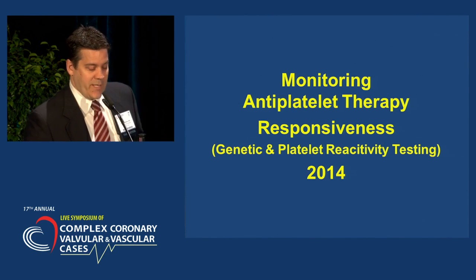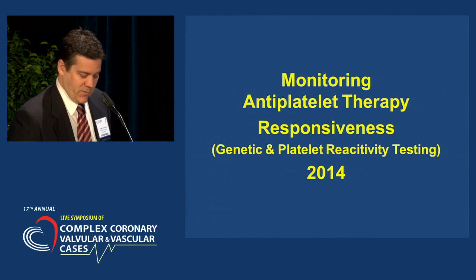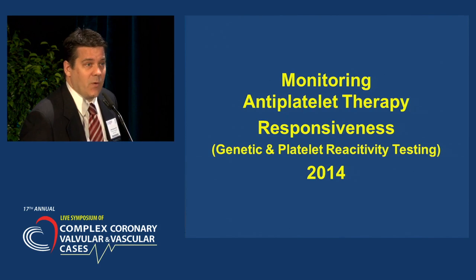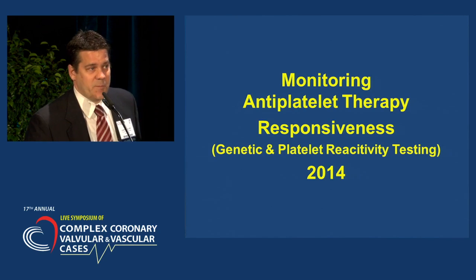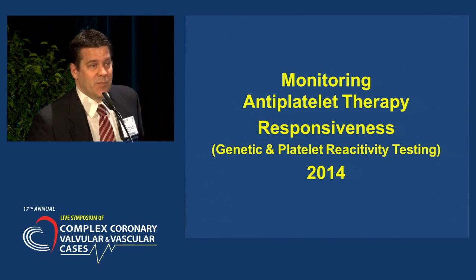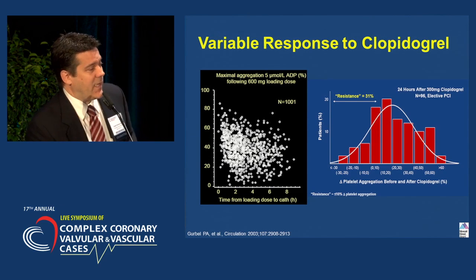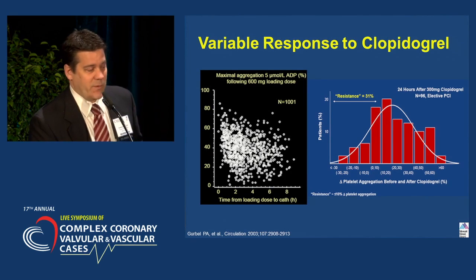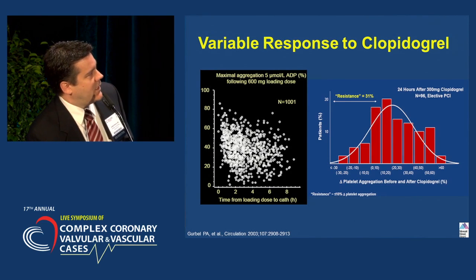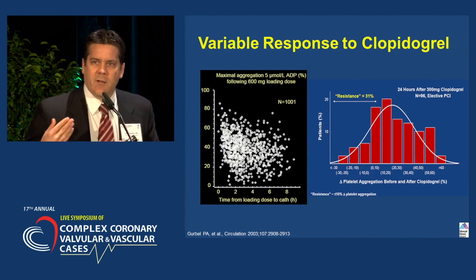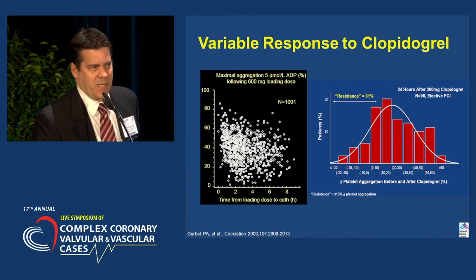So what about monitoring antiplatelet therapy responsiveness? Should we do it, or can we do it, and should we? Well, we can do it. We have bedside assays now to test platelet responsiveness and genetic testing, but the question is, should we do it? And if we give Plavix or clopidogrel to everyone in this room, and we do a scatter plot of how they're metabolizing it, we find that populations have a bell-shaped curve of metabolizers and non-metabolizers.